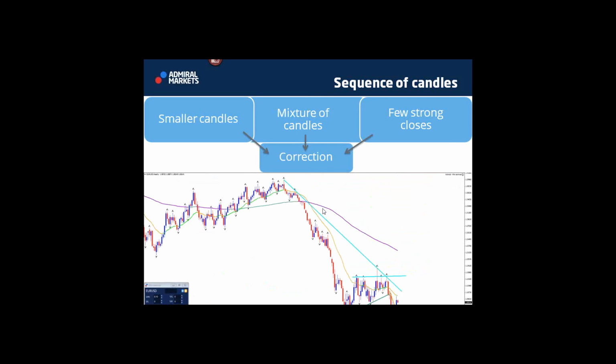Let's move on. The correction is something different. That's of course when price is moving slower. So how can we define that? It's basically the opposite of momentum, but basically there are smaller candles, there are a mixture of candles, and the closes tend to be not as strong, not as near highs or lows. Sometimes, yes, they do end near highs or lows, but it's more at random, not as repetitive, less of a pattern.